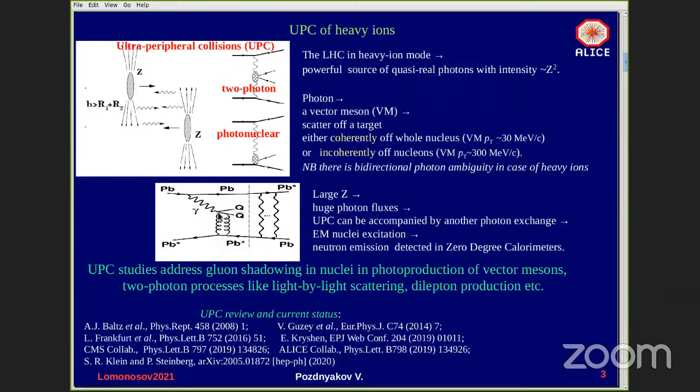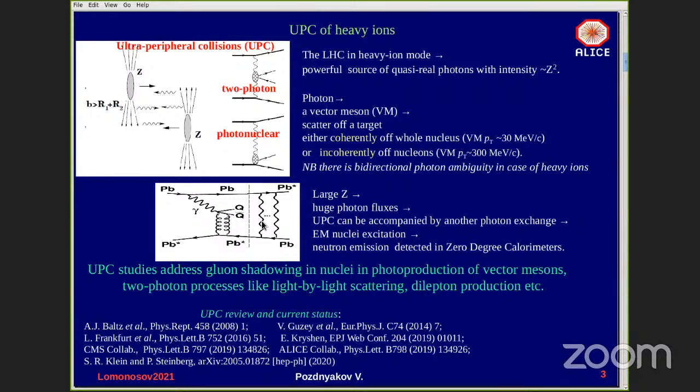The first one is scattering of the vector meson off the ion, and the second is electromagnetic nuclear excitation due to additional photon exchange, and in this case, for the excited nucleus, we will see neutrons detected in zero-degree calorimeters.